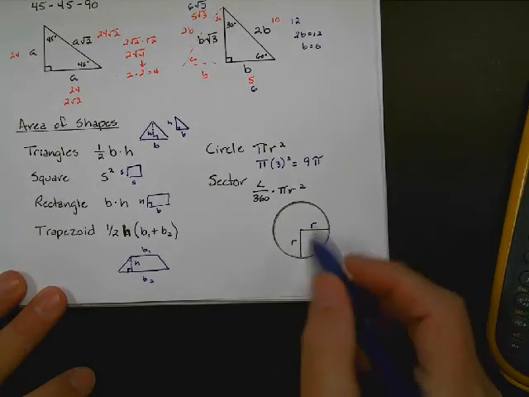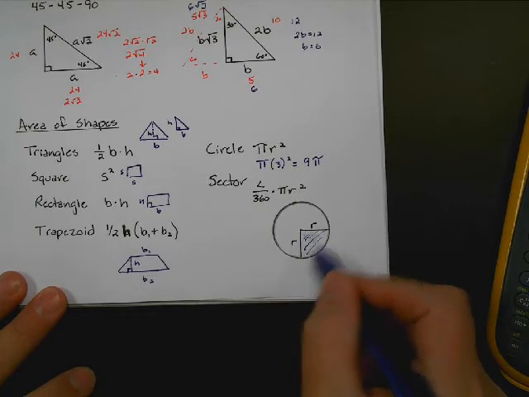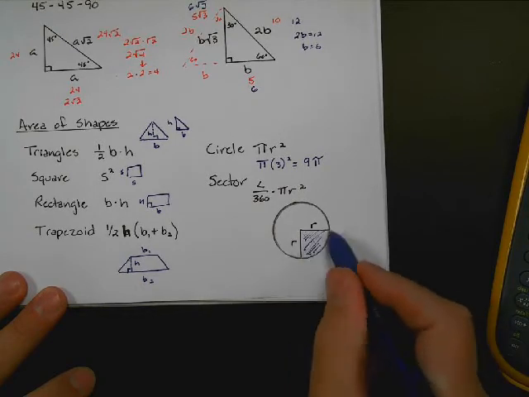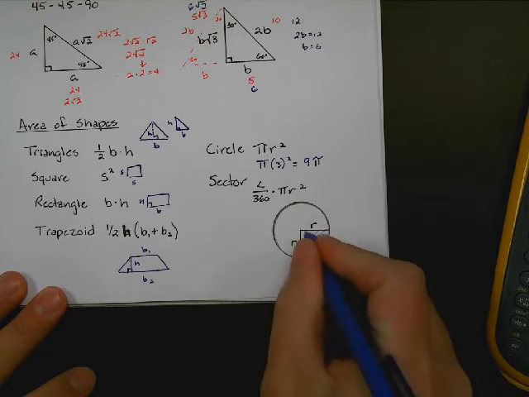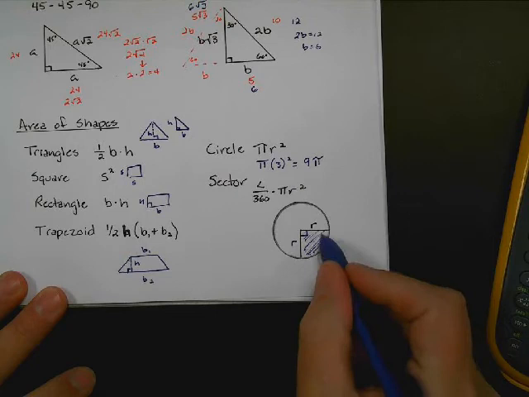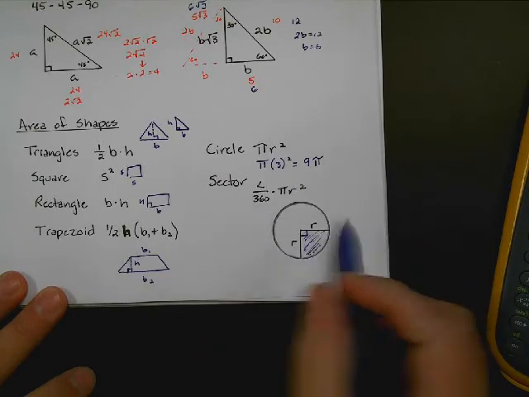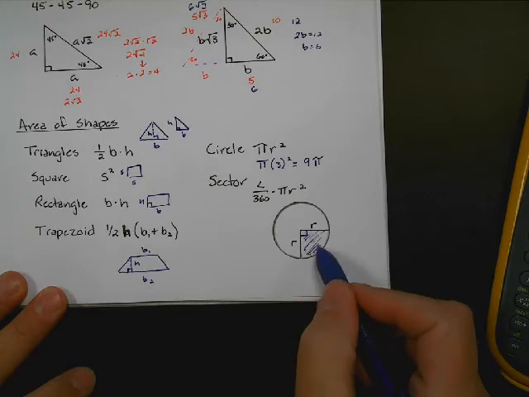Okay, now we have a sector area. Let's say that we've got this sector here, and we only want this part of the circle. So this is, let's say, a 90-degree angle right here, and I only want this part of the circle. Well, we only want a fraction of that circle.